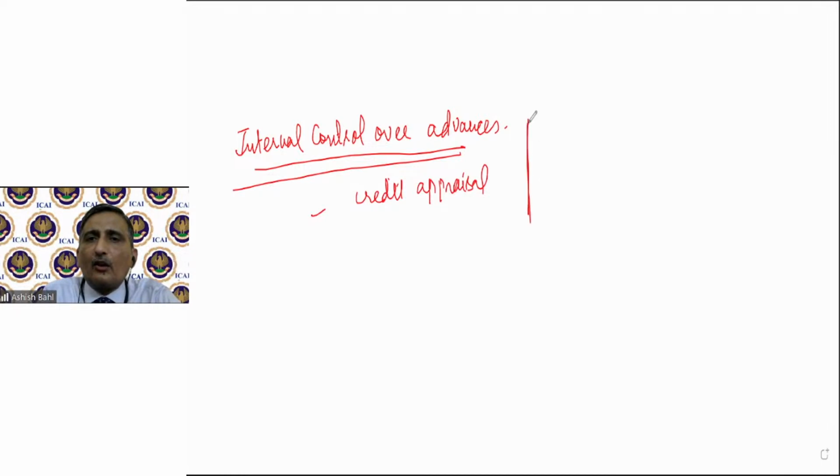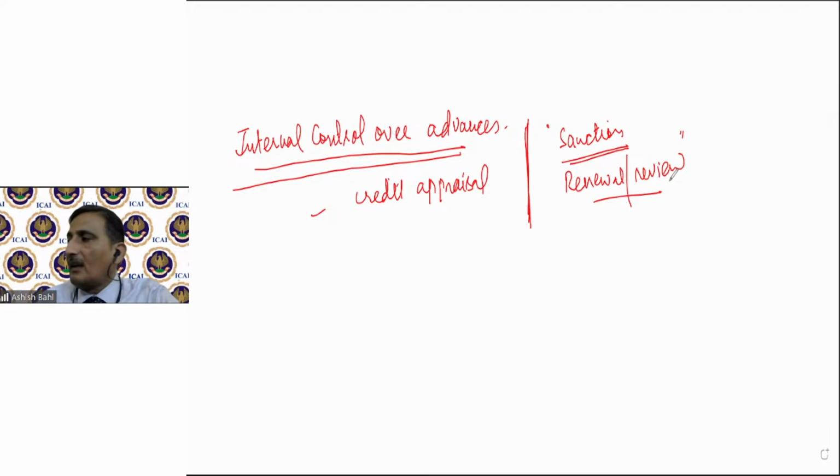And students, one more term you have to learn. In case of banks, there are 2 terms being used. One is sanction and one is renewal or review. So what is the meaning of sanction and renewal? Is there any difference between the two?